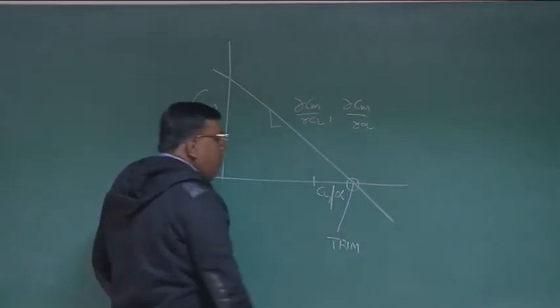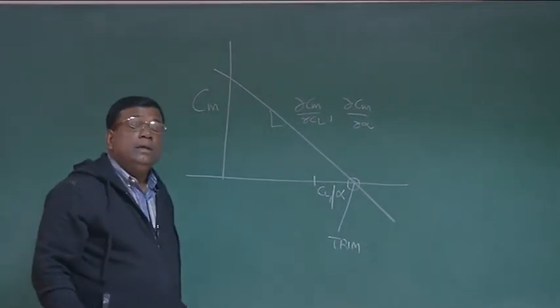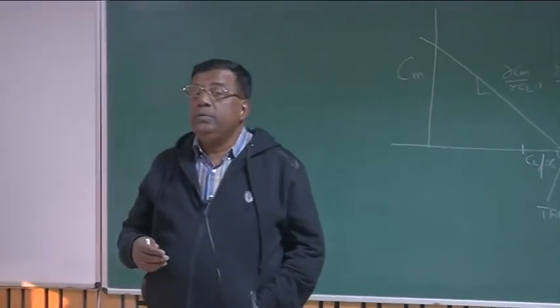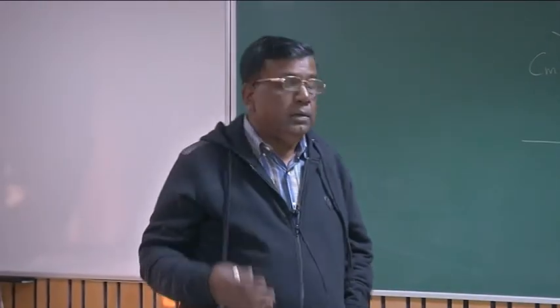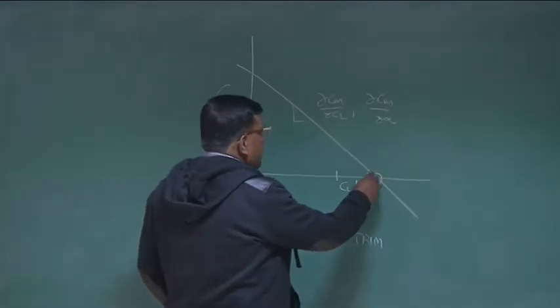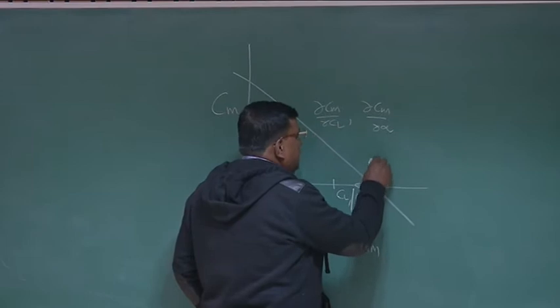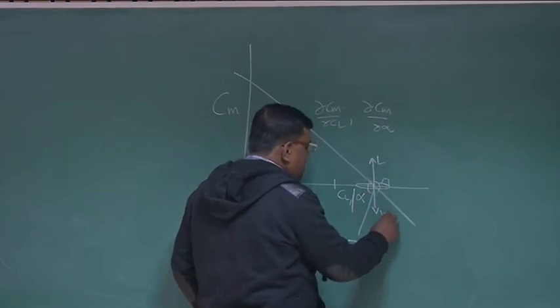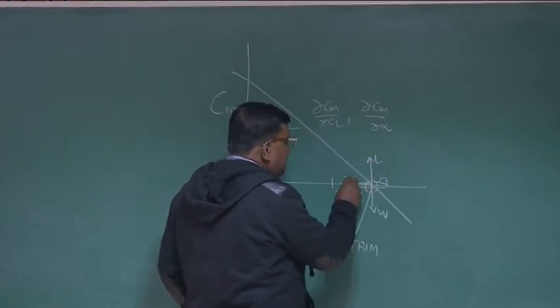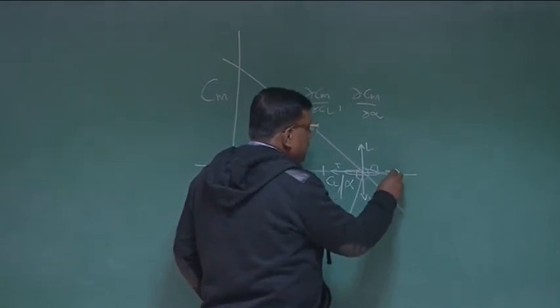What is the meaning of trim point? Suppose the airplane needs to be flown at a cruise. The cruise means the airplane should generate enough lift to balance the weight and enough thrust to balance the drag.